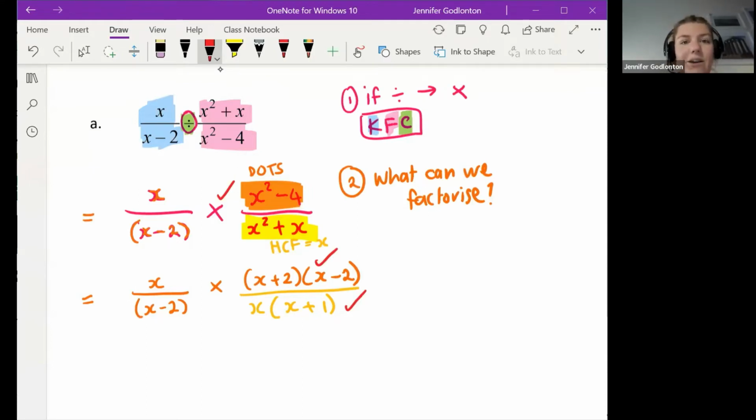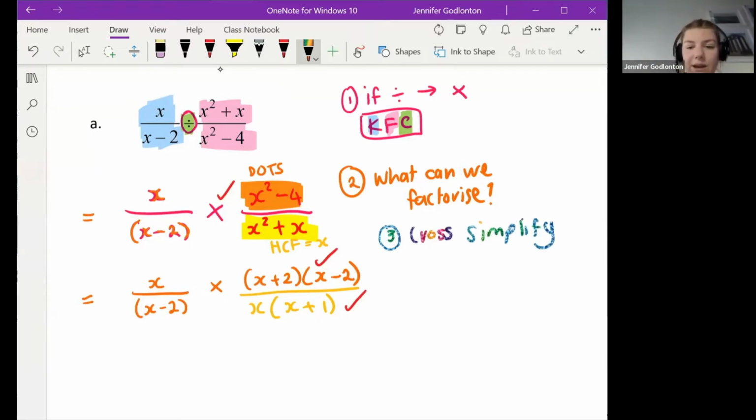Then we look at how we can cross simplify. Cross simplify was that last step where we look at a denominator and a numerator and see what they have in common. What is common in both of those? There's the x minus 2, so I can cancel that x minus 2 with that x minus 2.